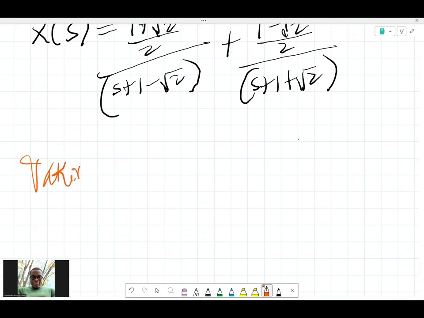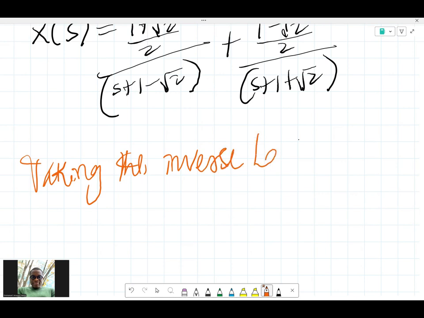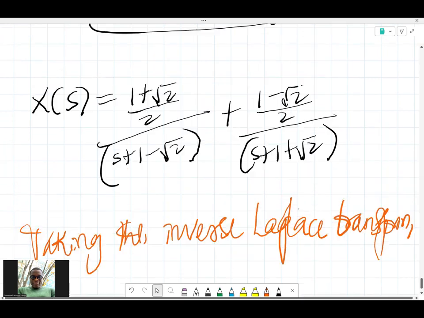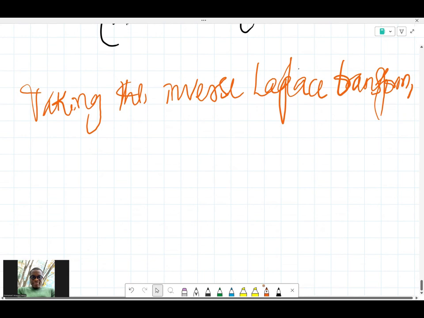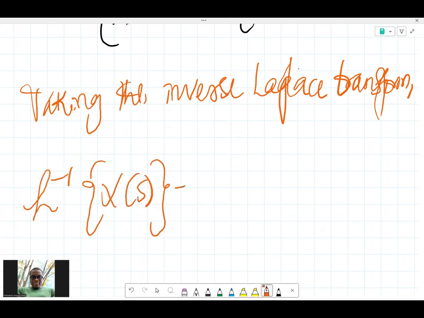Taking the inverse Laplace transform, we have the inverse Laplace of x of s. That will give us what we are looking for.